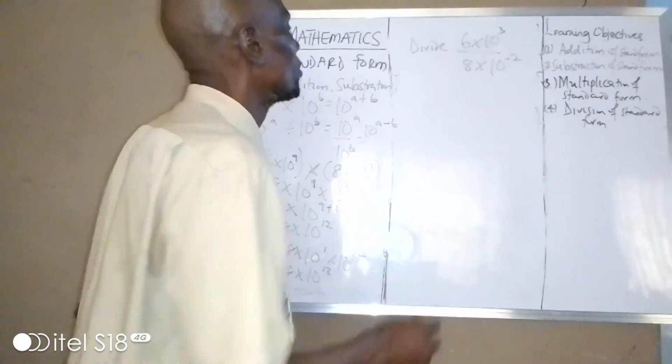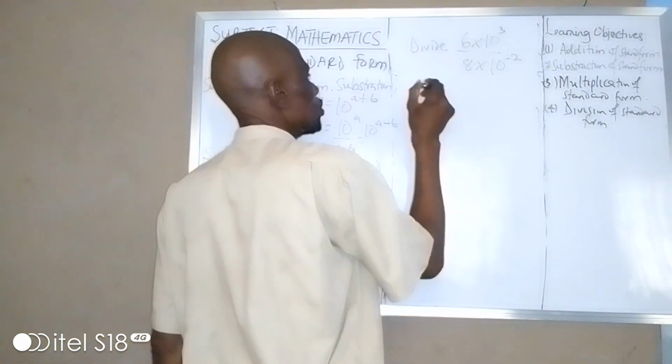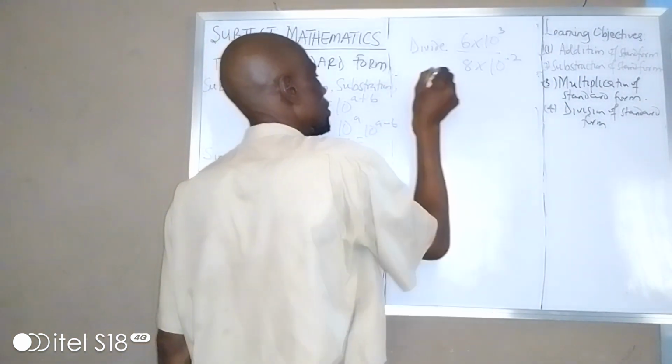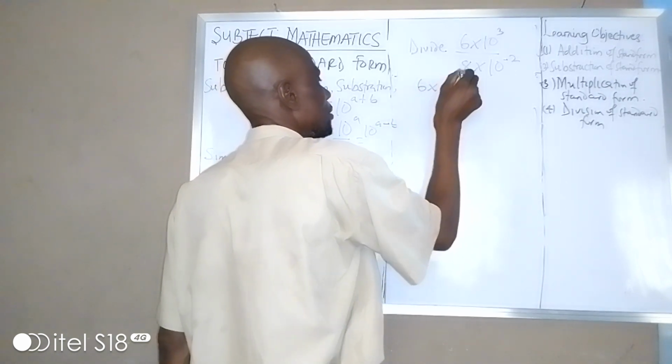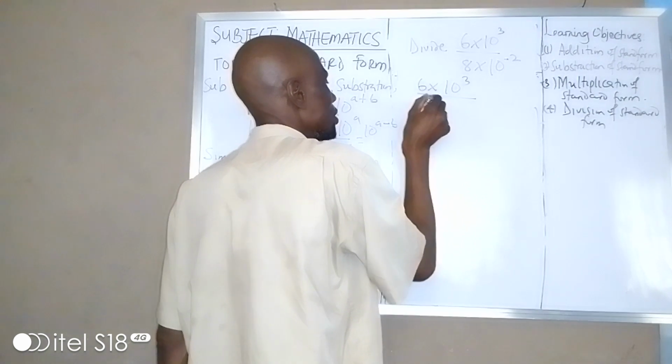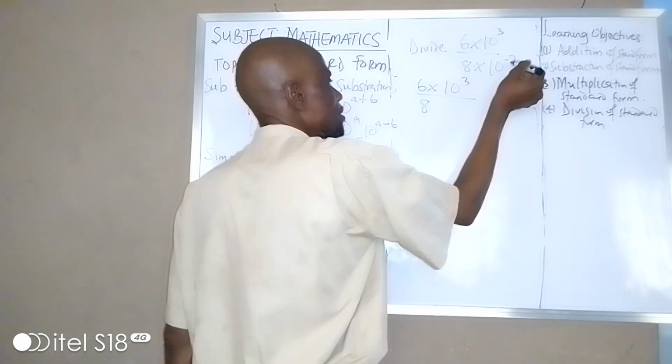Follow the same method. Like I've told you, when you are dividing, you subtract. You now say 6 over 8, times 10 to the power 3 minus minus 2.